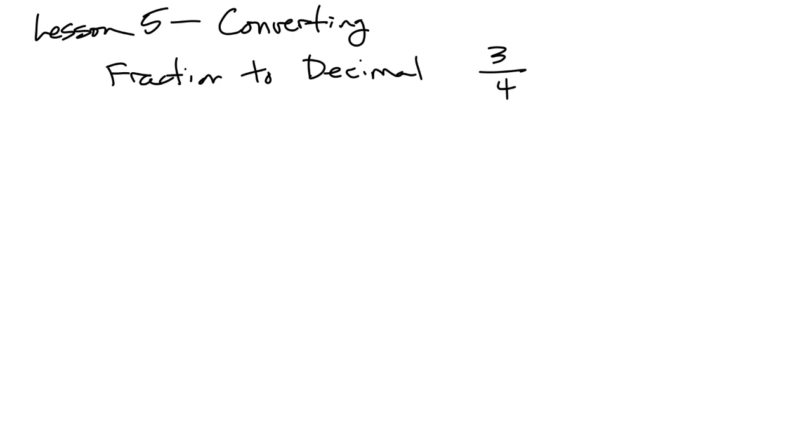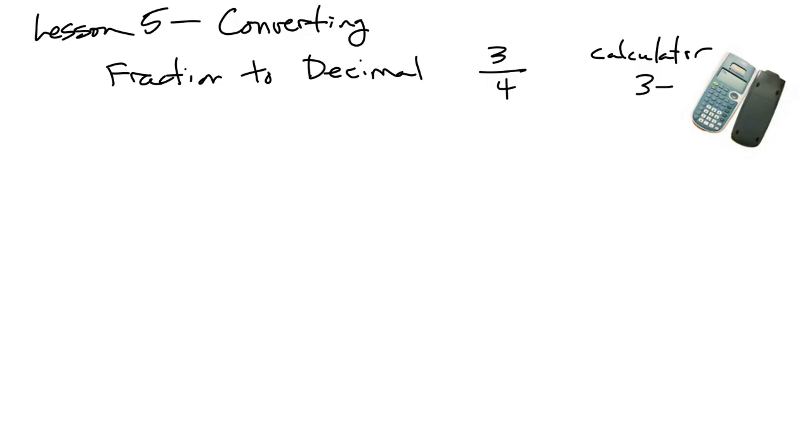Well, if you have your calculator, if this is on a calculator part of the test, then you would literally punch in what you see and what you read here. You would punch in the 3 key, the divided by key, the 4 key, and the equal key, and you'll get 0.75.